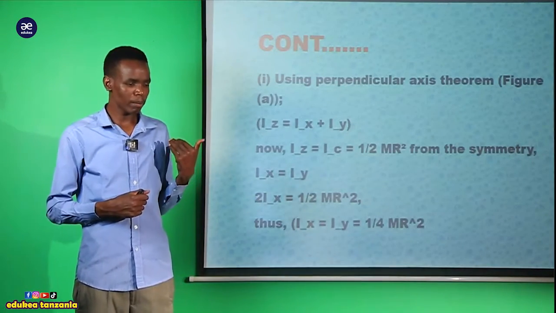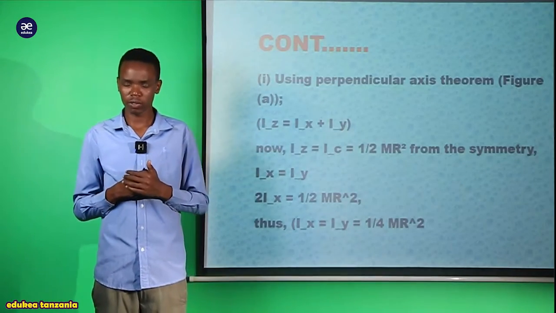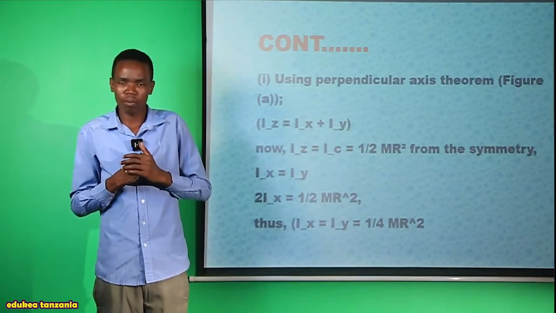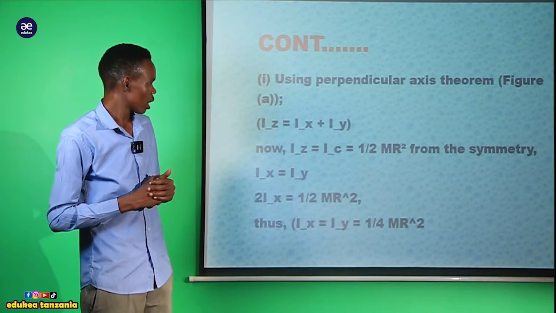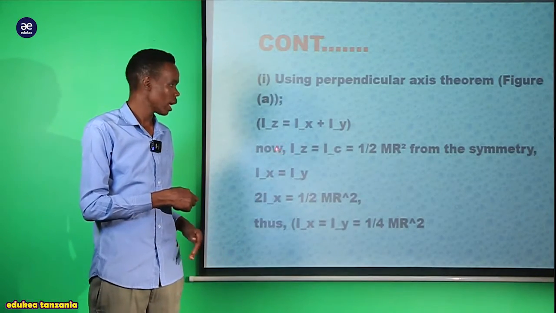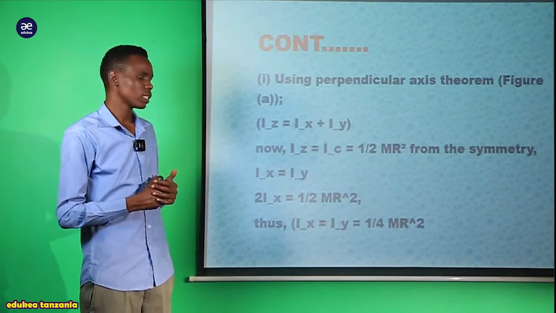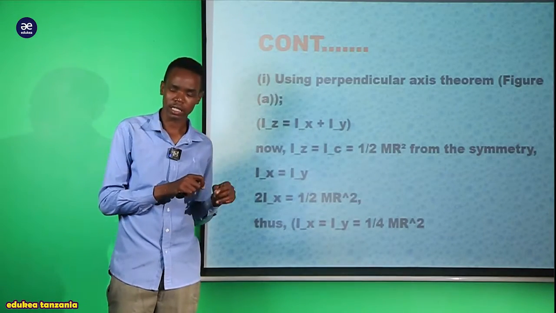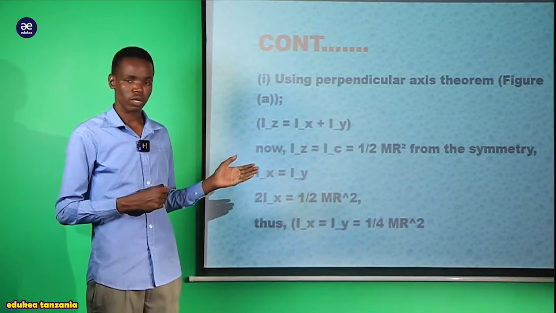So my dear student, here in Roman 1, using the perpendicular axis theorem, let us record the figure 1. For any diameter, we are supposed to record the perpendicular axis theorem and consider our figure Roman A. We say that the moment of inertia through the z axis must be equal to the sum of the moment of inertia along the x-axis, added to the moment of inertia along the y-axis.